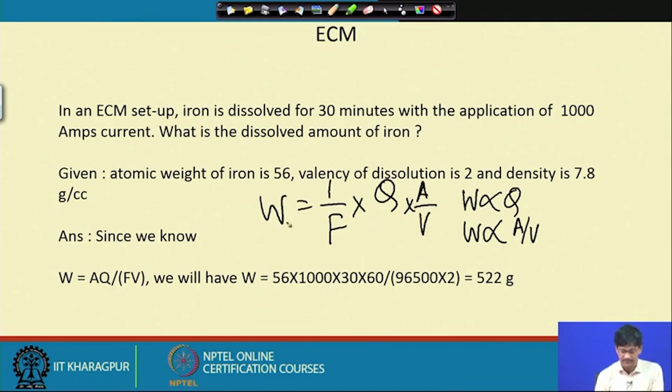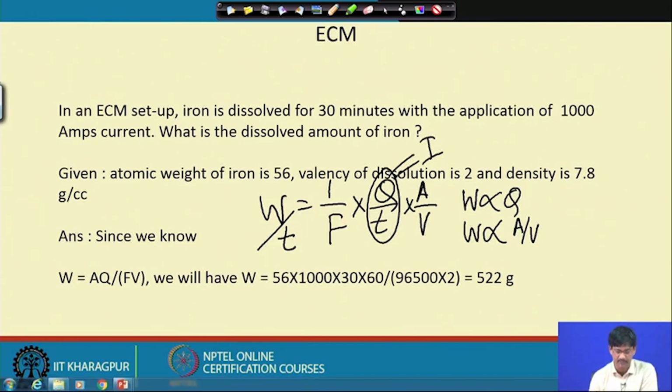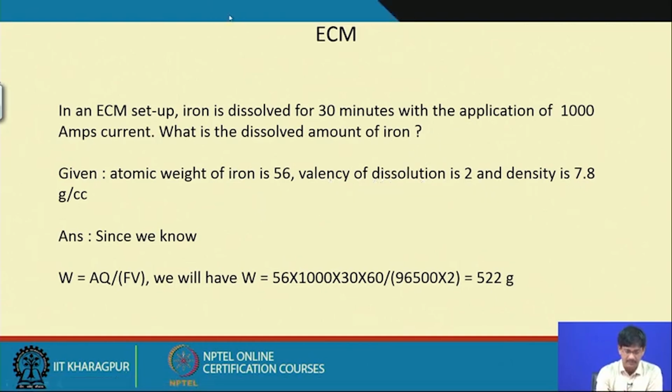And if we take material removal rate, we divide it by T and we divide it by T here, so that this becomes current. MRR is equal to 1 by F into I into A by V. Okay. It is not so complex here, it is even simpler than that.